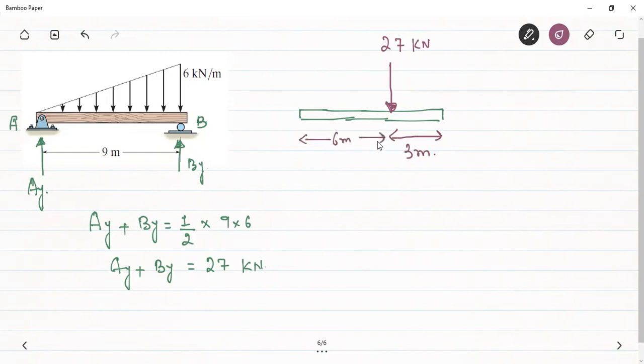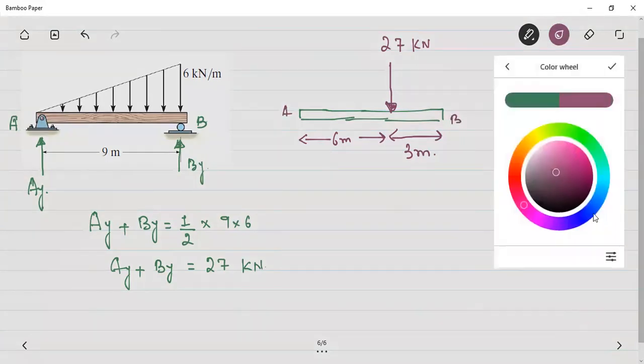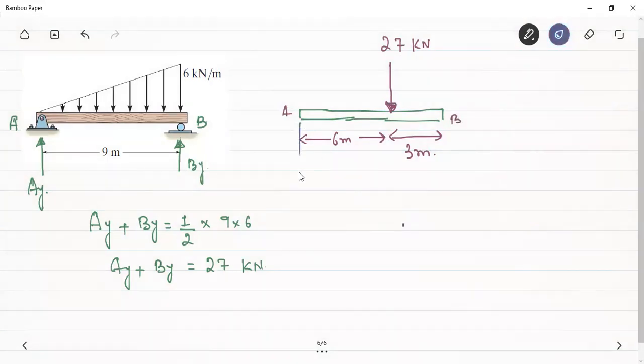We know from the concept of the centroid that it is located at a distance of L by 3 from the maximum intensity, 2 by 3 L from the zero intensity. So this is A, this is B, and the reactions were AY and BY.